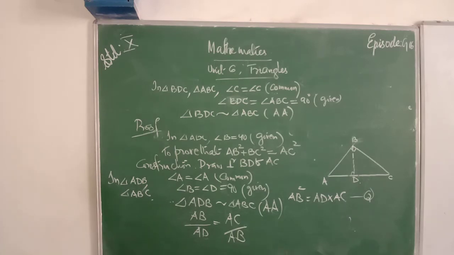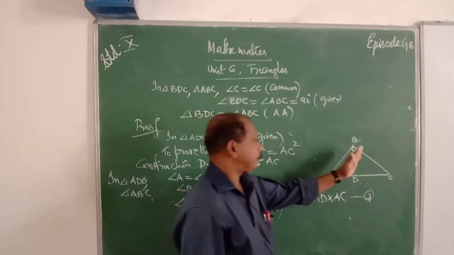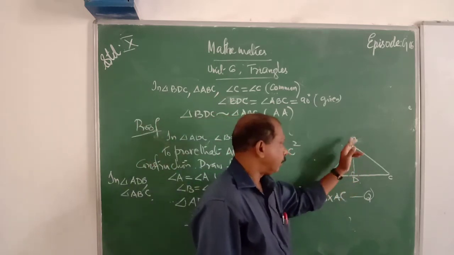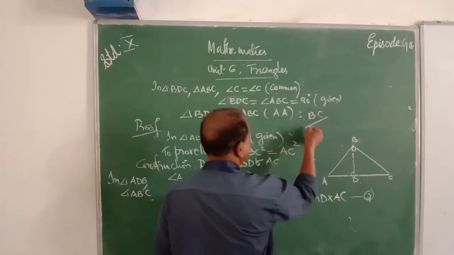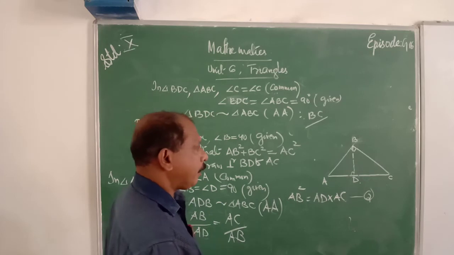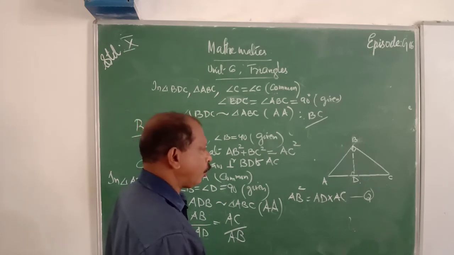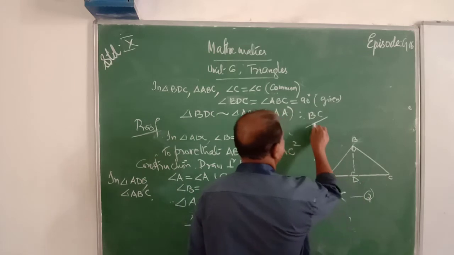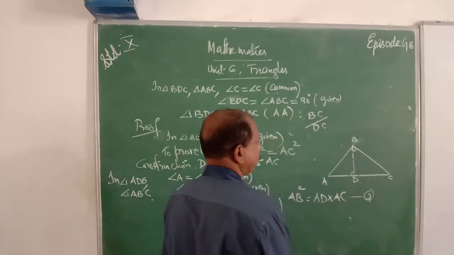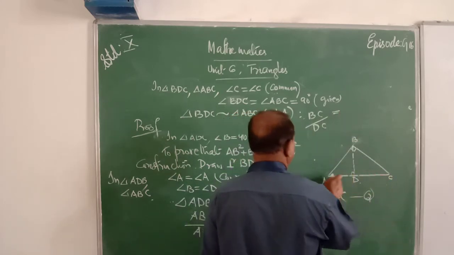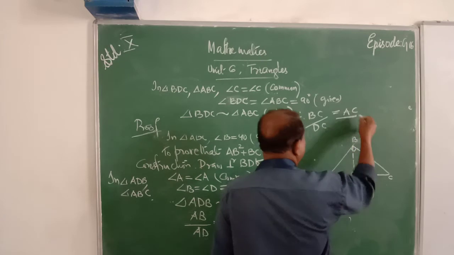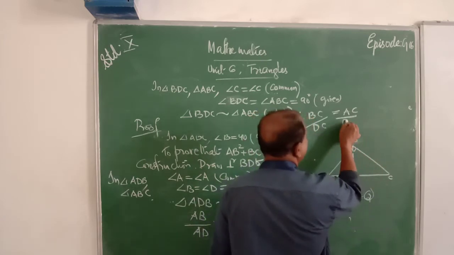Therefore, the altitude of the first large triangle, that is BC, by the altitude of the small triangle, DC, is equal to the hypotenuse of the large triangle AC by the hypotenuse of the small triangle BC.